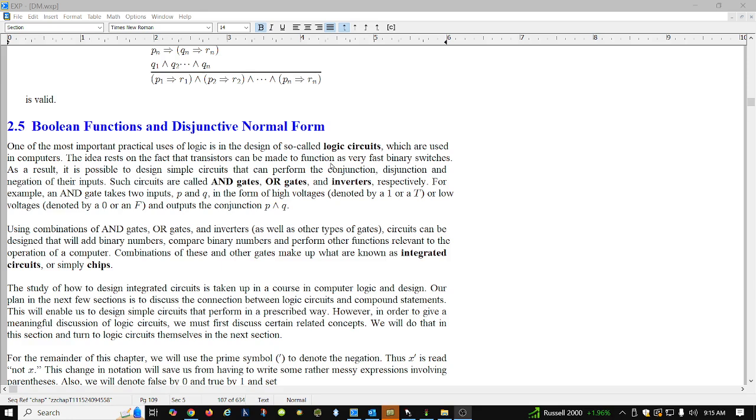So for example, an AND gate can take two inputs, P and Q, which will be described in terms of either a high voltage, denoted by 1 or T for true, or low voltage, denoted by 0 or an F, and output the conjunction.